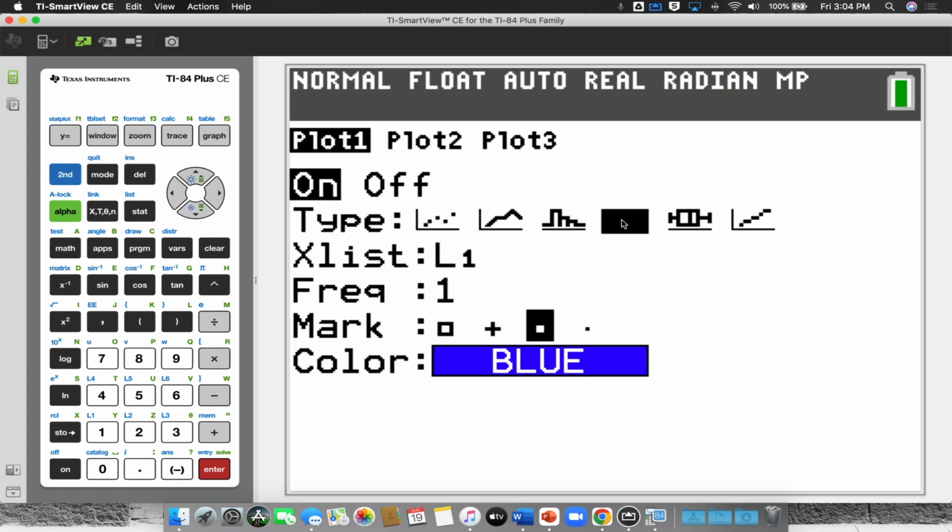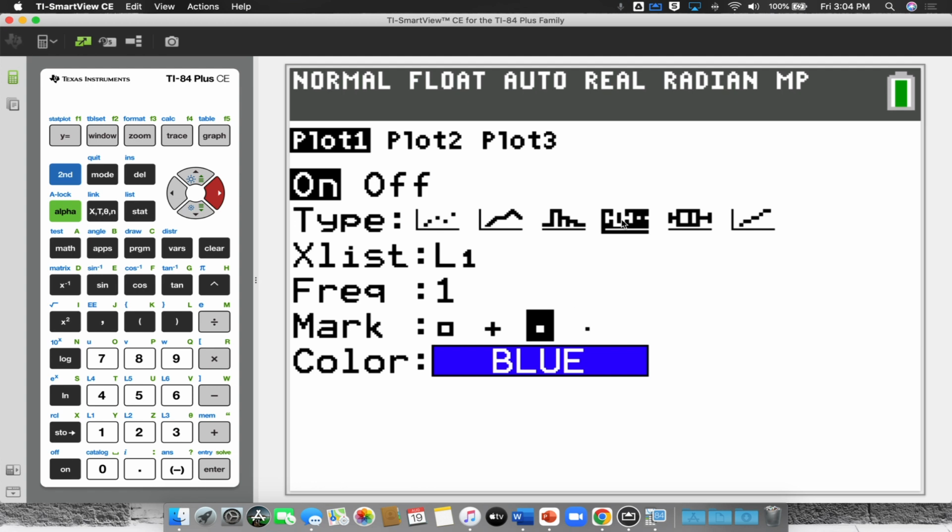That's all it's saying. L1 is my list. Frequency, we don't touch. Do you want to see it as a square, a plus, a dot or a smaller dot? It doesn't matter.